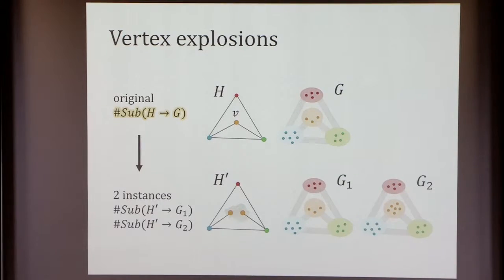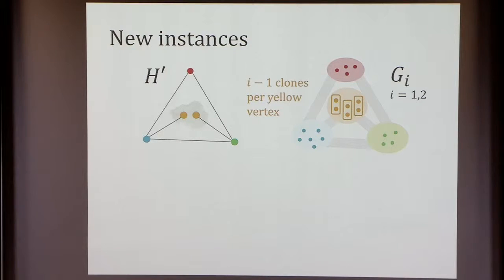And we show that if you can count H prime copies in graphs, then you can solve this original problem by constructing two instances, G1 and G2, such that you want to count H prime in G1 and G2 each. This gives you two numbers, and some linear combination of that will give you this original number that you're interested in. So let me sketch briefly how these instances are created.